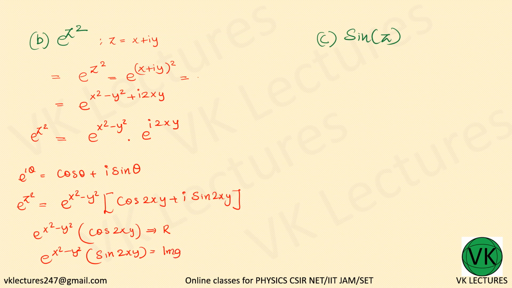Now coming to sin z, here sin of x plus iy. To do this we must know sin of a plus b. Sin of a plus b is sin a cos b plus cos a sin b.